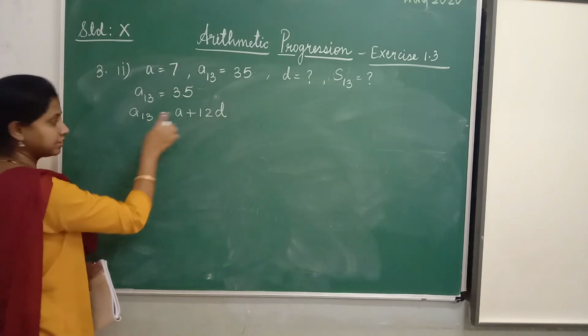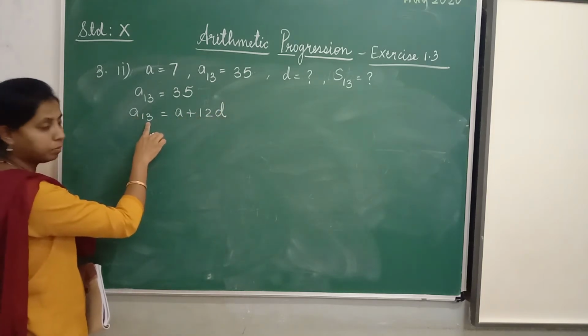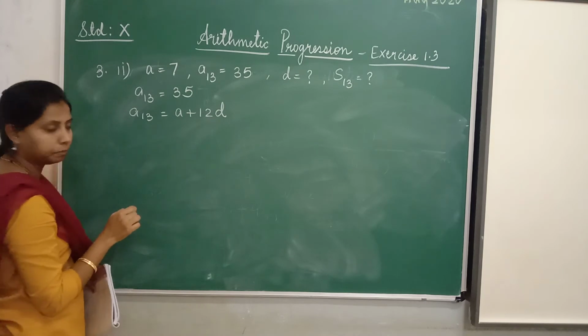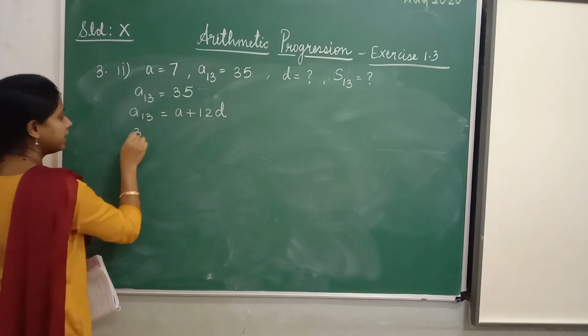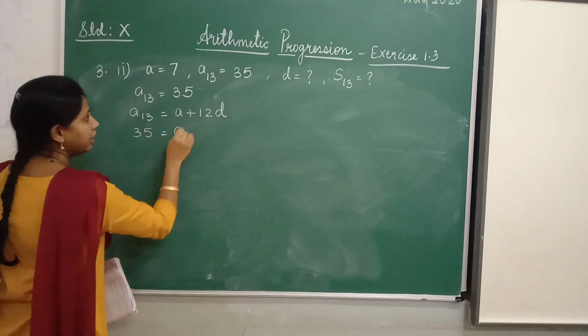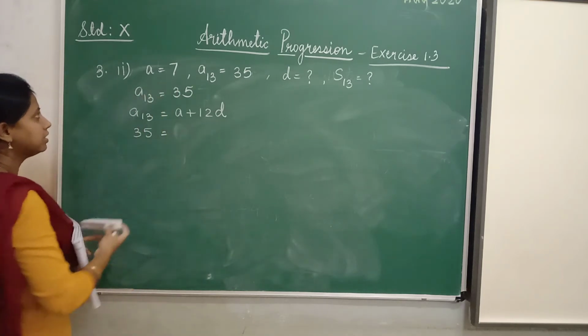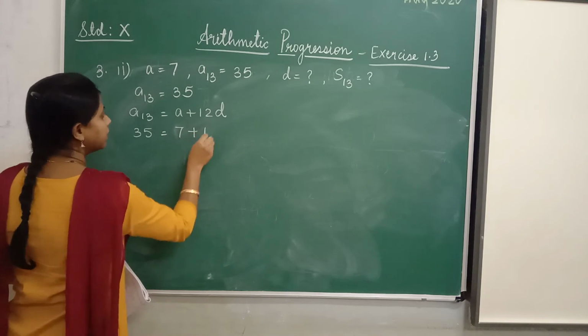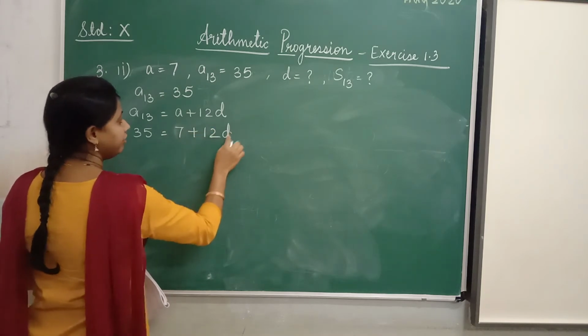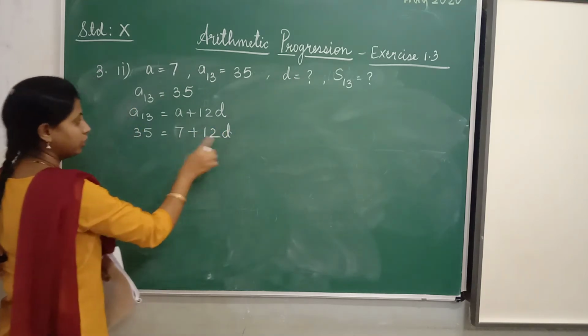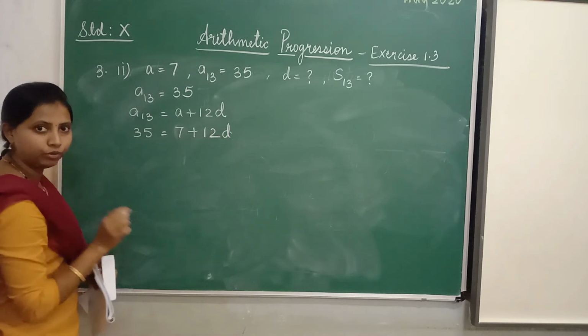Isn't it? One less than this. Now substitute. A13 is given as 35. A is also given, so substitute a as 7 plus 12d. d we have to find here. So everything is given, we can find the value of d.